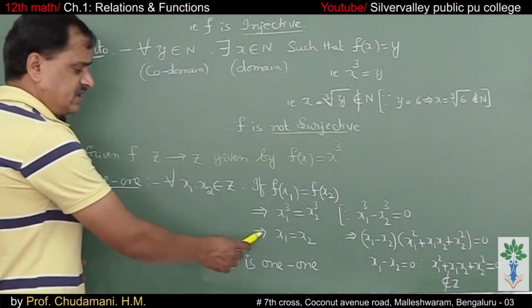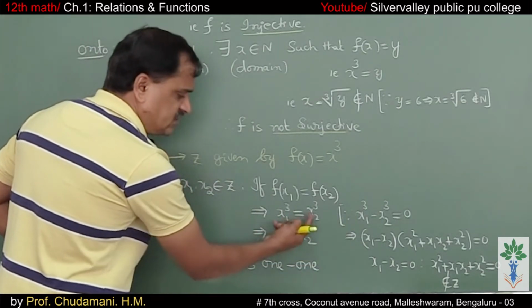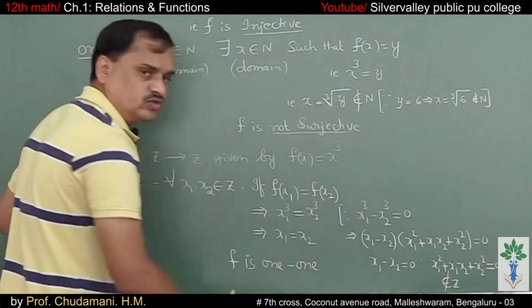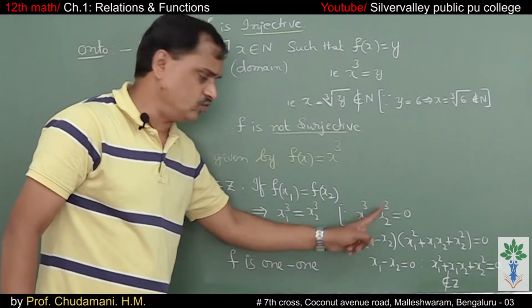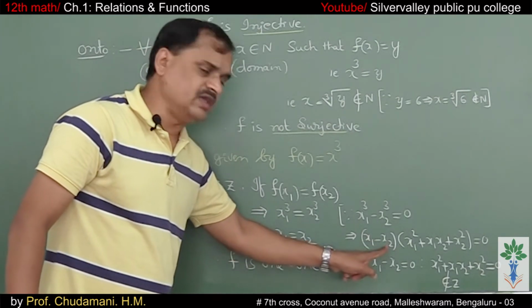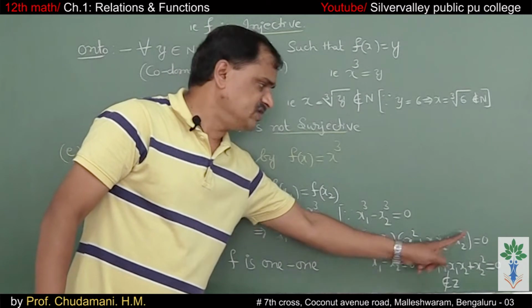This implies x1 is equal to x2. Why? Because x1 cube minus x2 cube equals 0 is of the form a cube minus b cube. a minus b into a square plus ab plus b square equals 0.